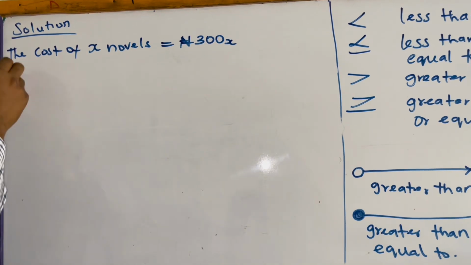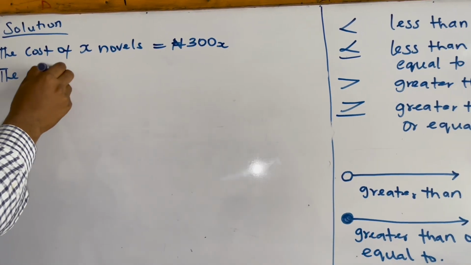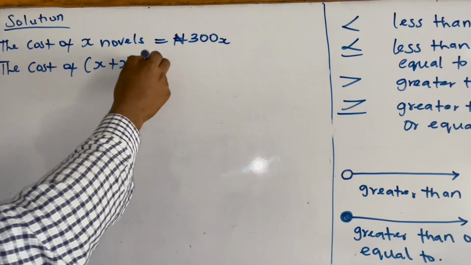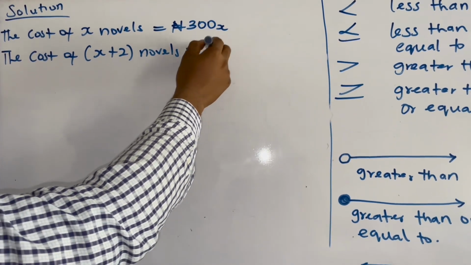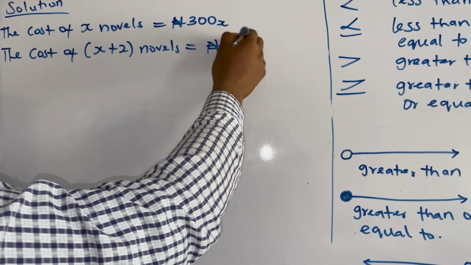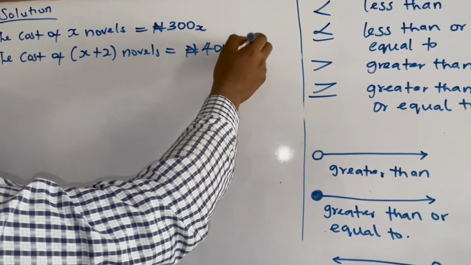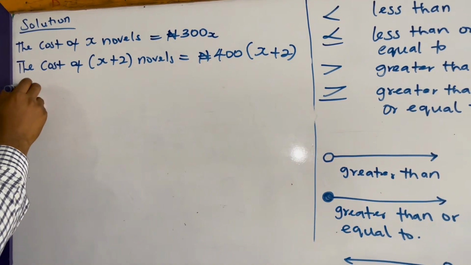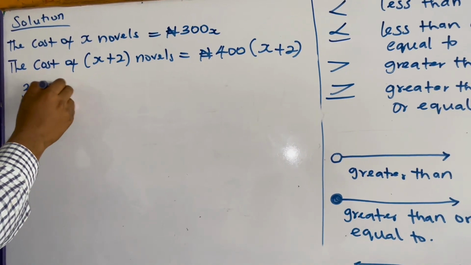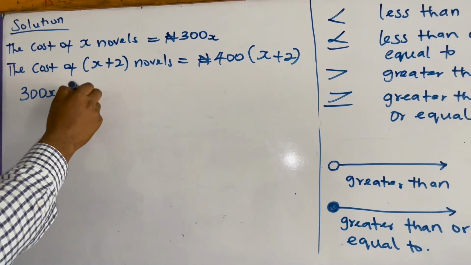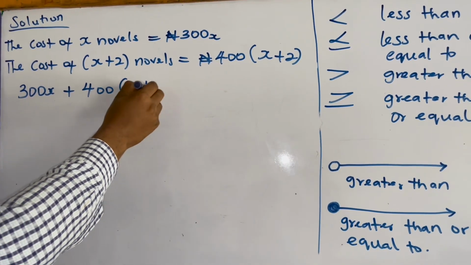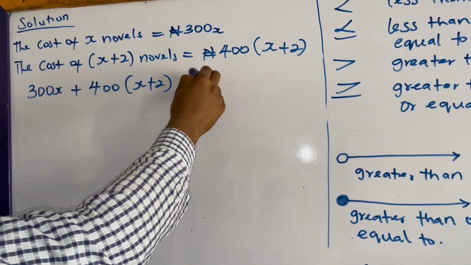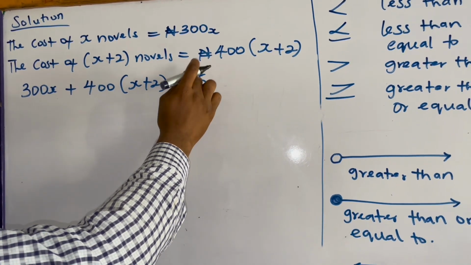So we have the cost of X plus 2 novels, which is 400 naira times X plus 2. Therefore, 300X plus 400 times X plus 2 in brackets is less than 5,000 naira.